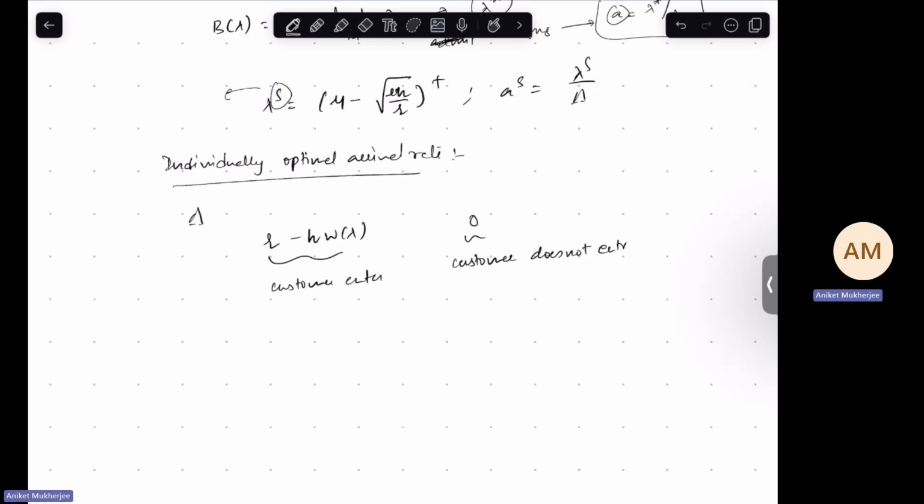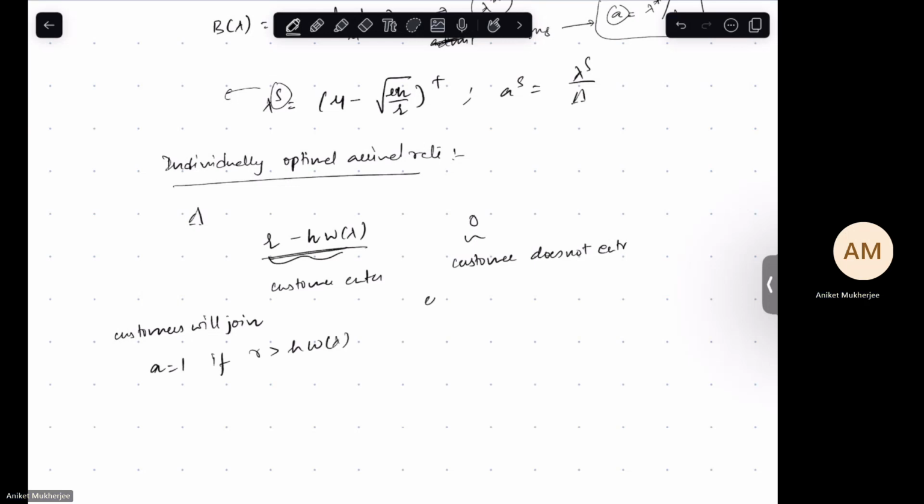Based on how you define the rewards, you will see that customers will join with probability A equal to 1 if R is greater than H W, because you're getting something.